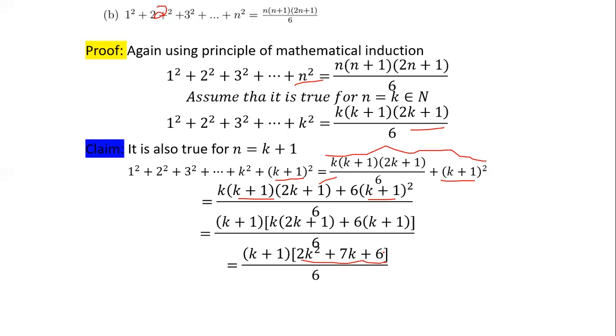But the term which is enclosed by the square bracket is factorizable, so we can factorize this one as k plus 1. The factorized form of this one is k plus 2 times twice of k plus 3, which is directly equivalent with this expression.